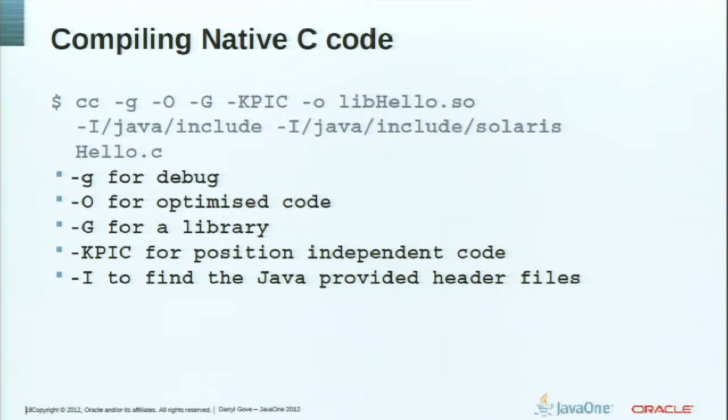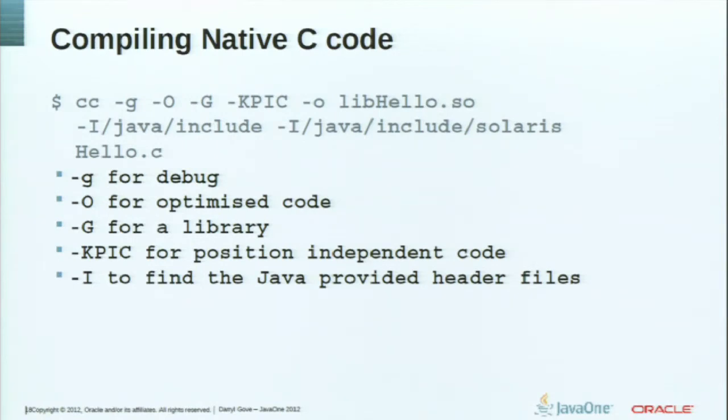And then we're building a library. So in the Unix world, -G for a library, and then -K pic for position independent code. So both of those are kind of required. You can do position independent libraries or position dependent libraries, but generally in Unix you're not recommended. And then you need to find the header files.